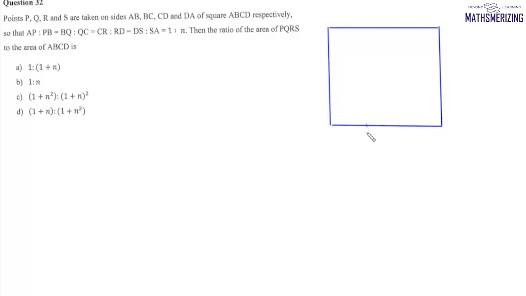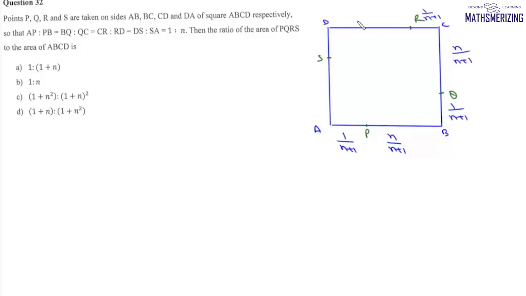So we have this point P here, and say this is point Q, this is R, and this is suppose S. And these points are A, B, C and D. And this ratio is 1:n. Suppose the length of the side is 1 unit. So then here it will be 1 upon n plus 1, and this one will be n upon n plus 1. Here again this is 1 upon n plus 1, this one is n upon n plus 1.